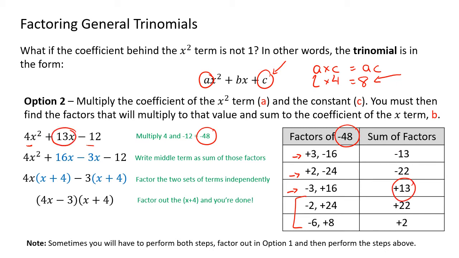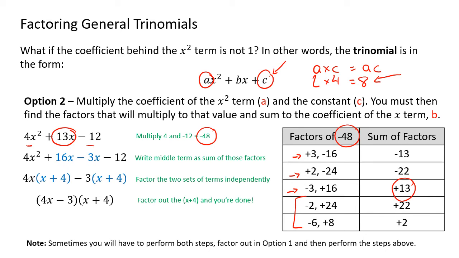So now we follow the same steps, except we substitute that into the equation. So we have 4x squared plus our first factor times x, 16x, minus our second factor times x, 3x. Normally you add them, but because one's positive and one's negative, we have one as a positive number and one as a negative. And then minus 12. And what you can do now is remember back to our first lesson on factoring.